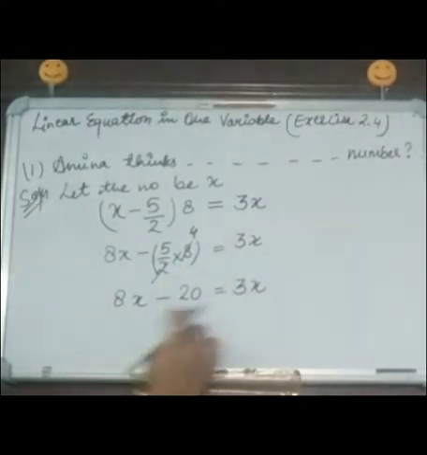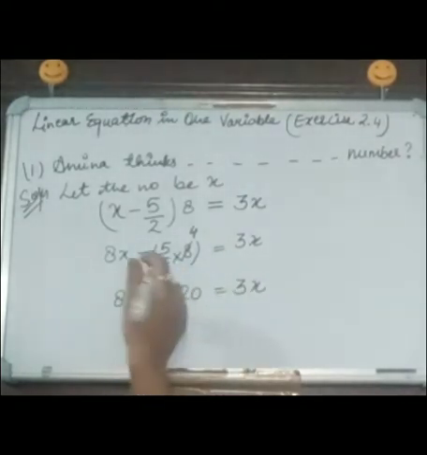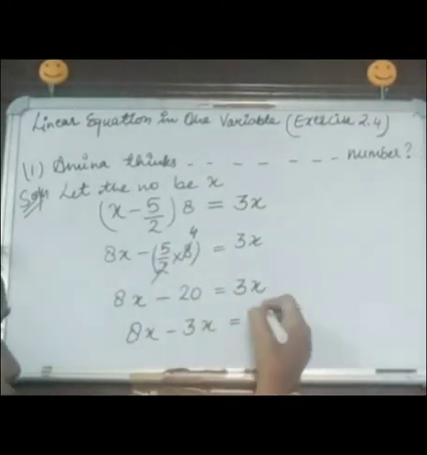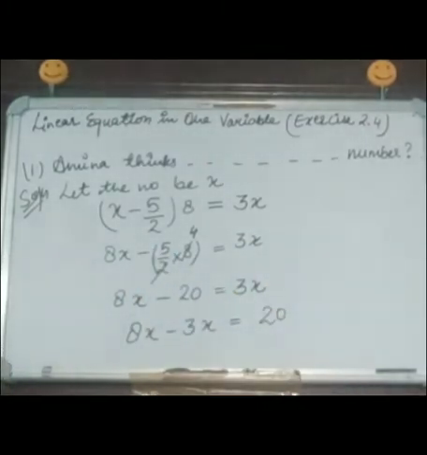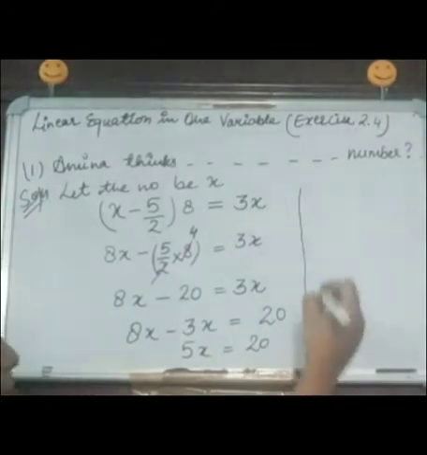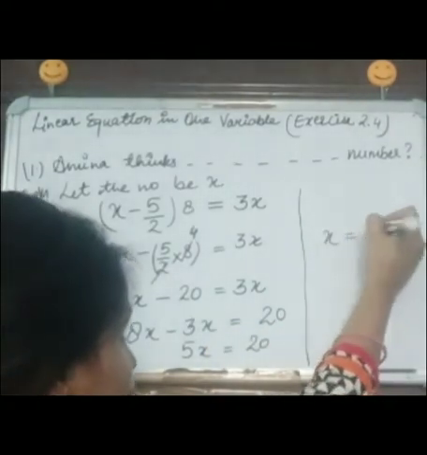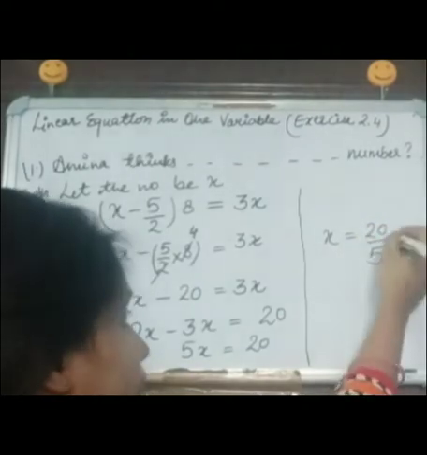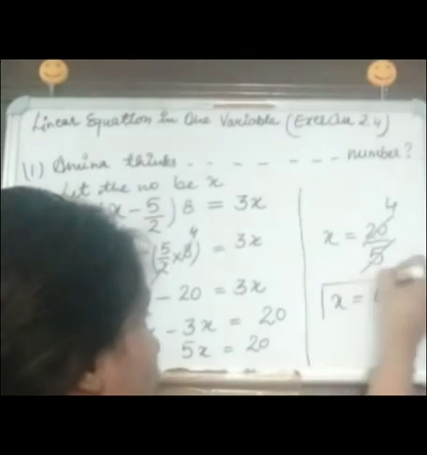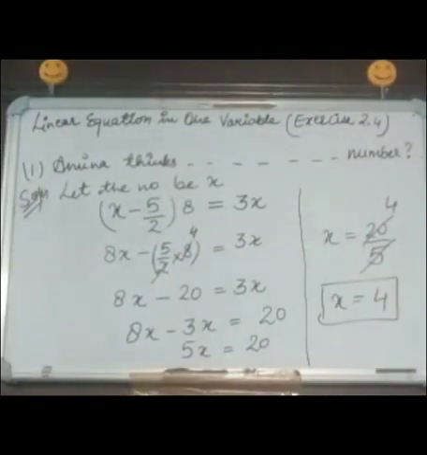Now variables together: 8x minus 3x. This is transposed and this one will go here, it will become plus 20. So 8x minus 3x is 5x is equal to 20. So our number x is equal to 20 by 5. 5 4s are 20, so x is equal to 4.